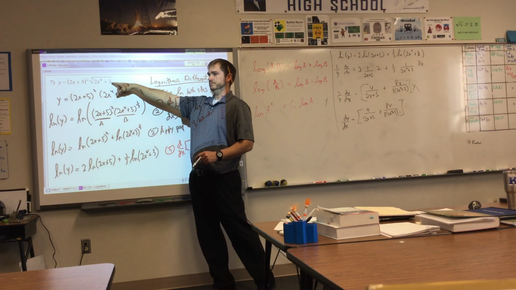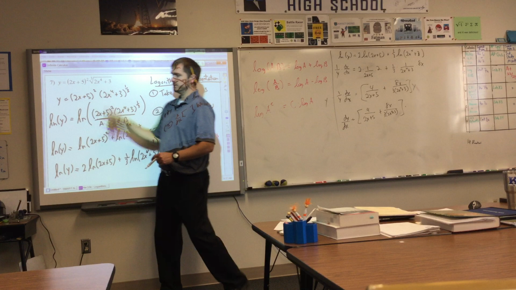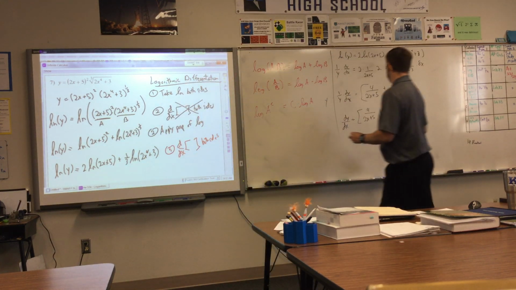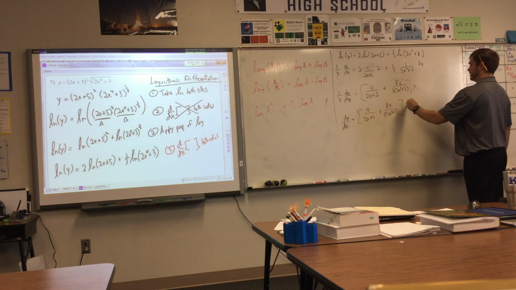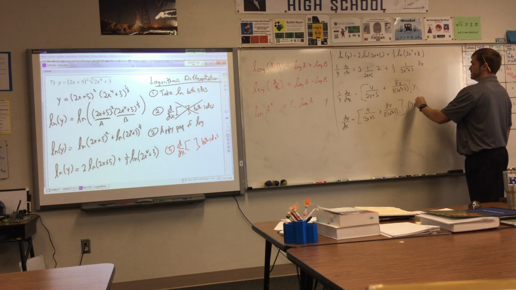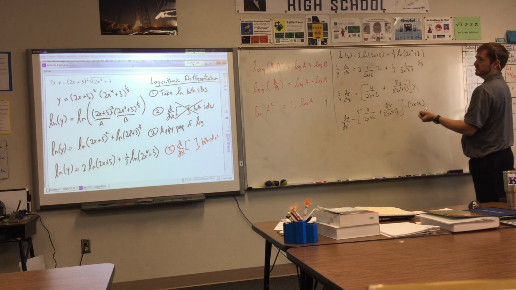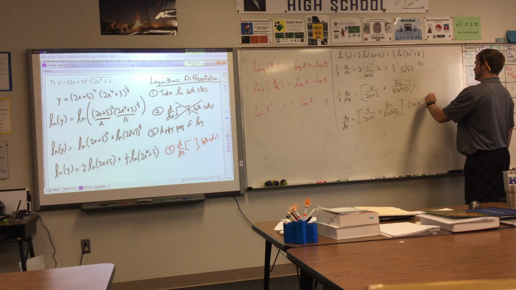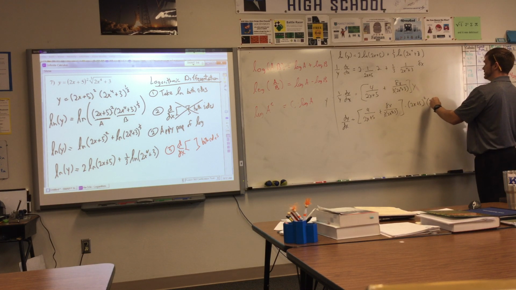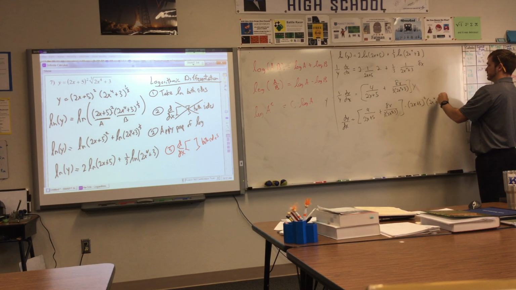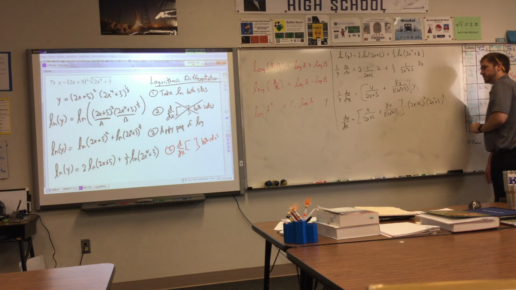That, right? y equals all this, so (2x plus 5) squared and (2x to the 4th plus 3) to the 1/3.